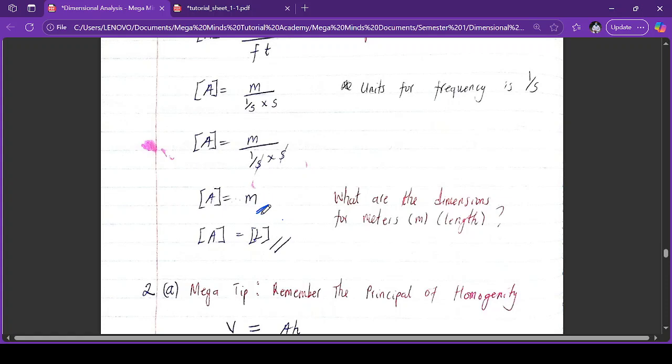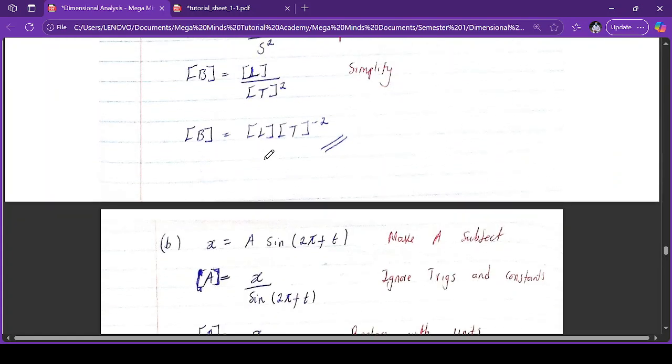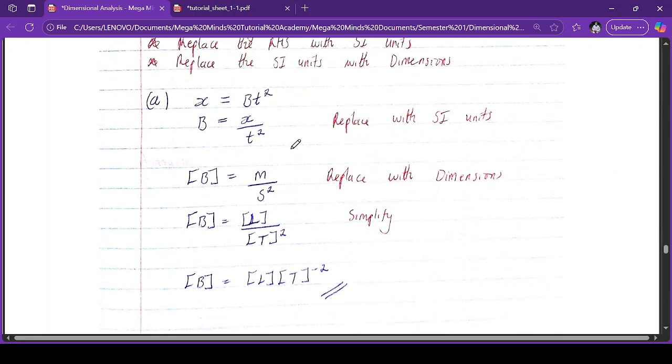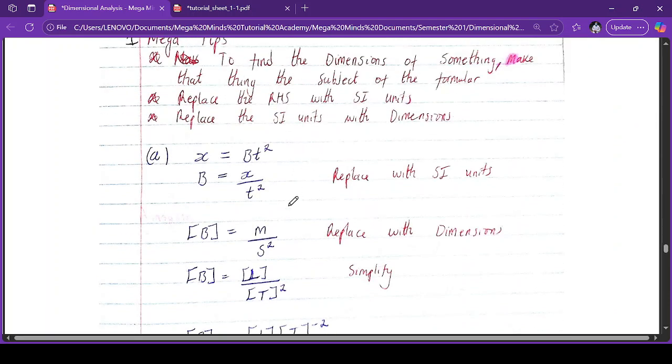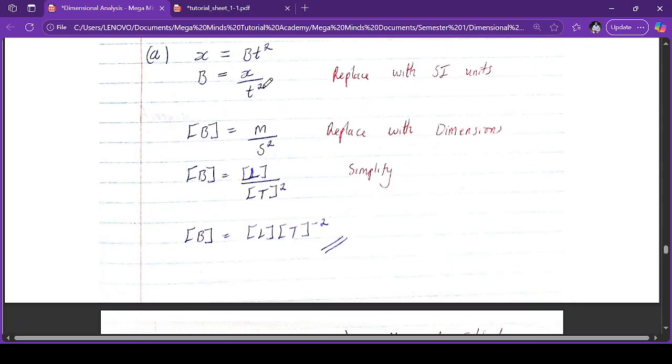So the dimensions for length, they are meters. I kept forgetting. When solving this one, I forgot a power 2. At least we have the document where I was relaxed.